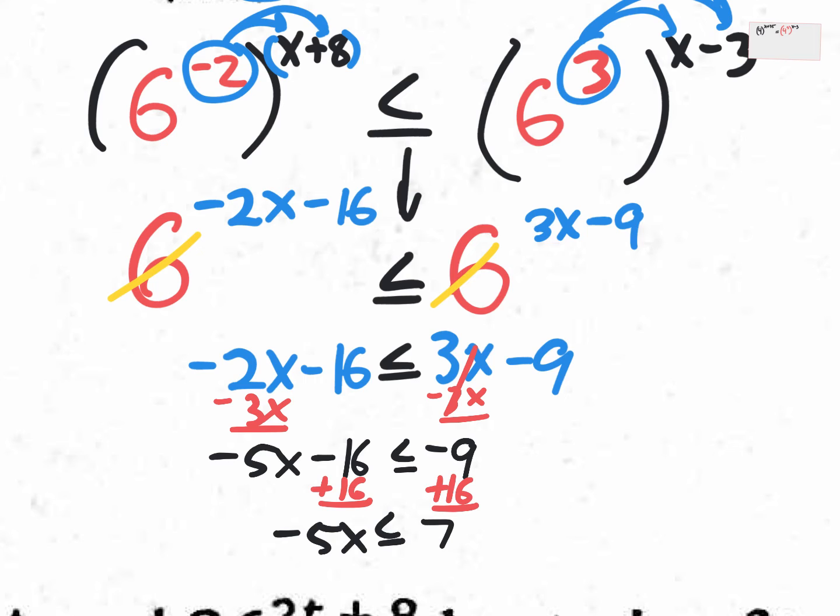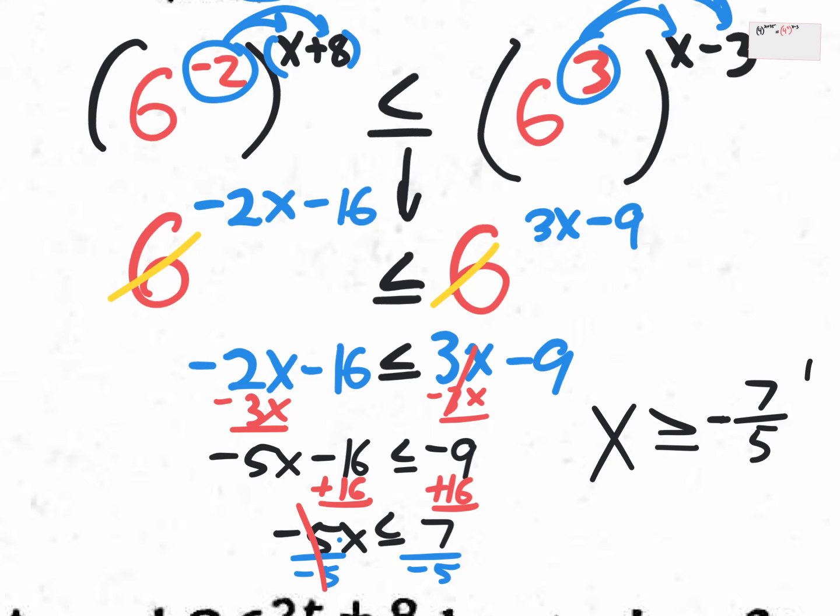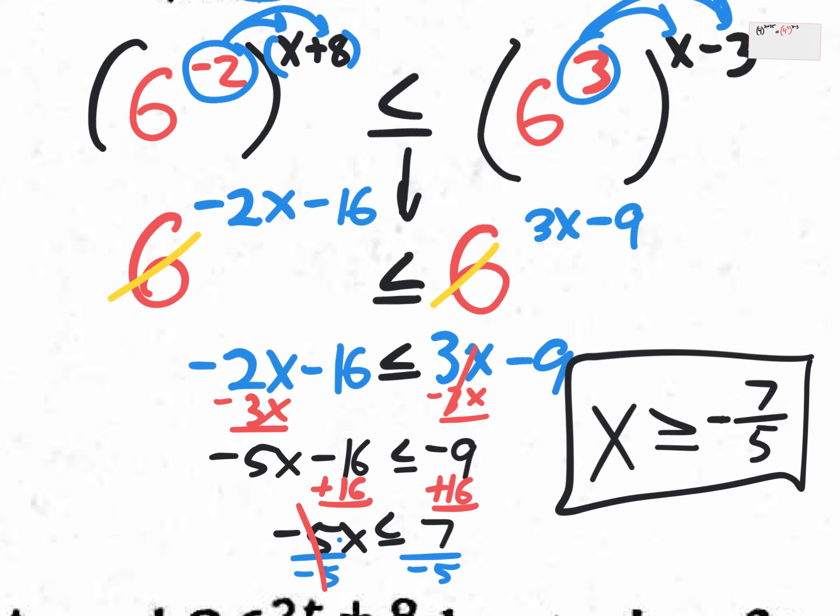Final step, divide by negative 5, divide by negative 5, and we should remember that when you divide by a negative on an inequality, the inequality needs to flip. So you have x is greater than or equal to the fraction negative 7 over 5. I want to put the negative in the front instead of keeping it on the 5. That's my answer to this inequality.